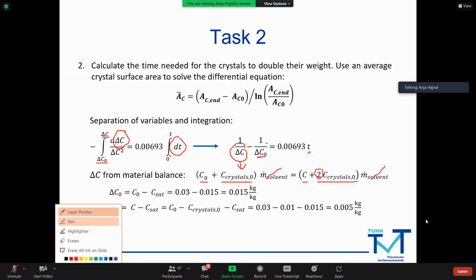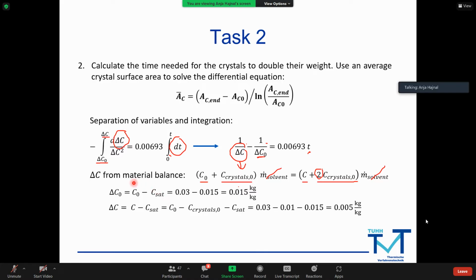All right, so delta C0, we already said this is the initial concentration of our solute minus the saturation concentration. And you should get 0.015 kilograms of solute per kilogram of solvent.